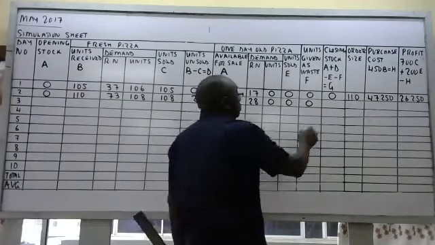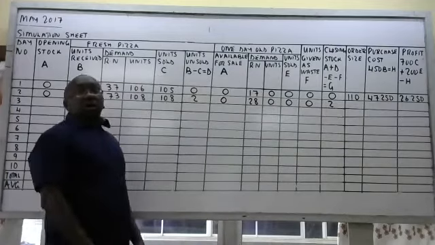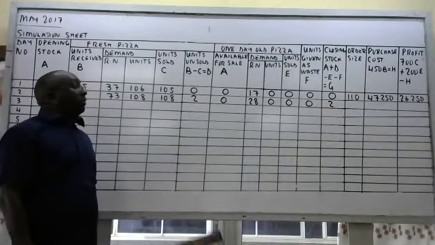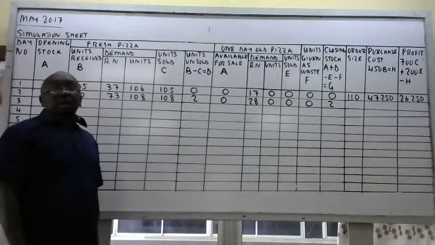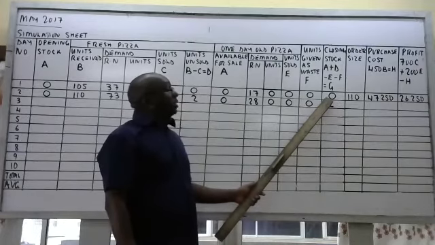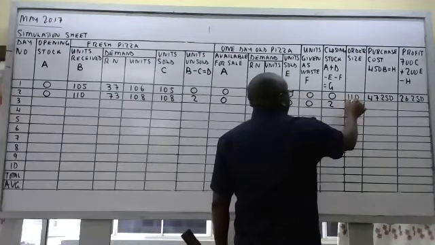There will be 2 units. So order size, we are going to place an order of how many units? 110, because first we check the closing stock of yesterday, which was 0. So if it is 0, I say 110.